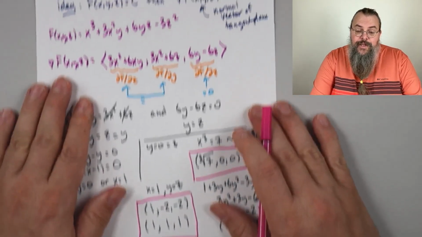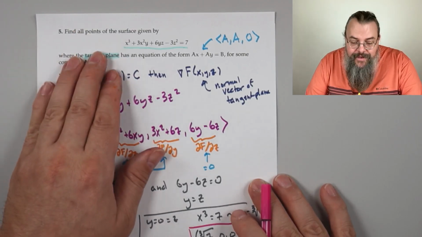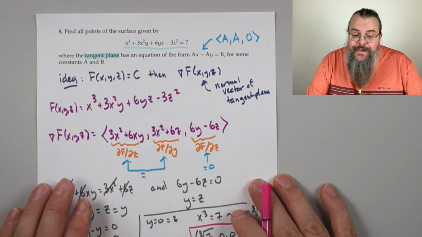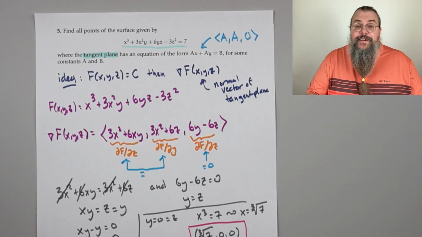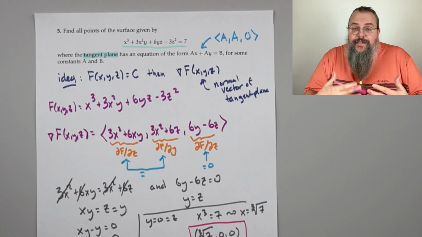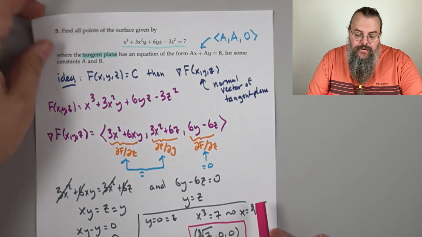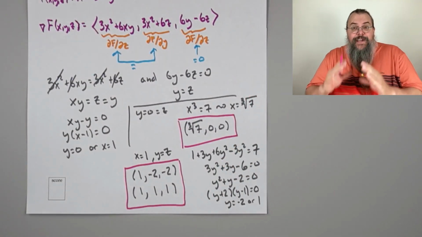Now, let's make sure we answered the question. It asked us to find the points, and we did. It doesn't ask us to find the actual tangent planes. It only says the tangent planes have a certain form, and it doesn't say we have to find what they are. So it's always good to double check, make sure we answered what was asked.